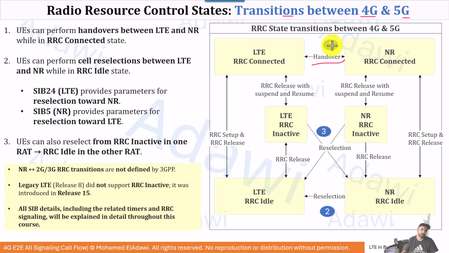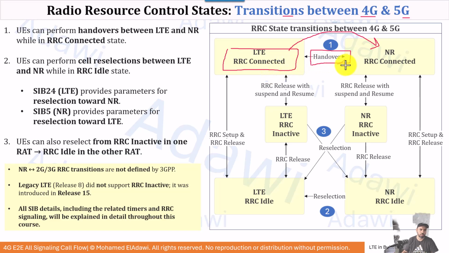So for example, as in point number 1, if the user is already in LTE connected mode and would like to move to 5G, in this case, he must do handover. The handover can be of different types. It can be IRAT handover or redirection. This is another type, you can say, of handover in an indirect way, but it happens in general in connected mode.